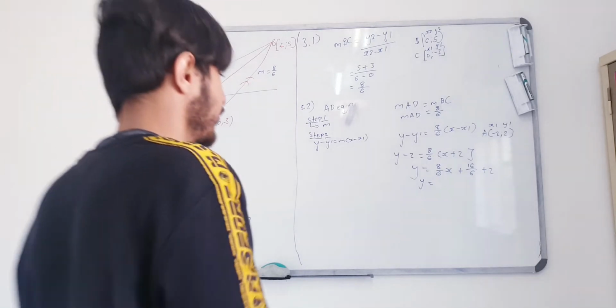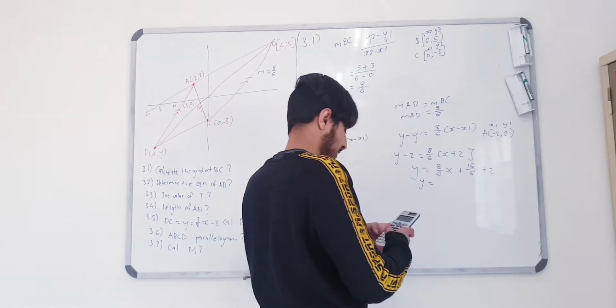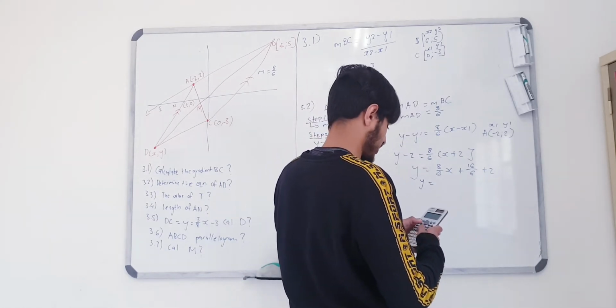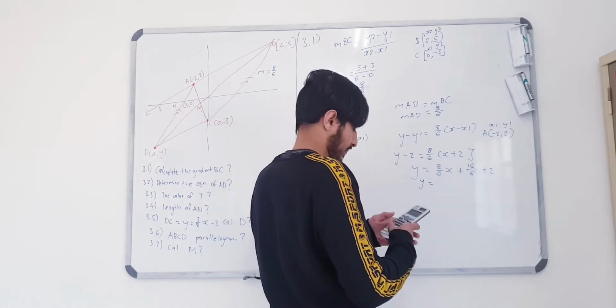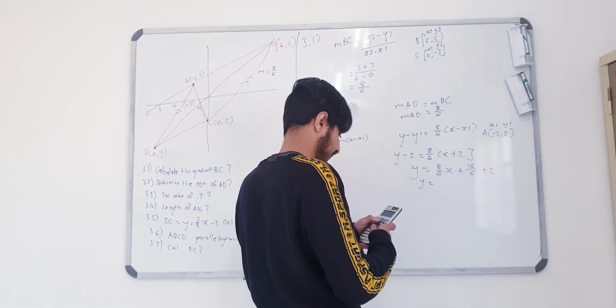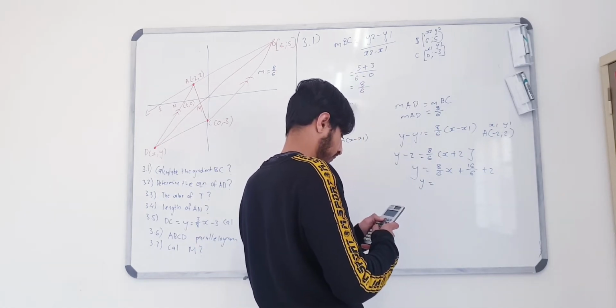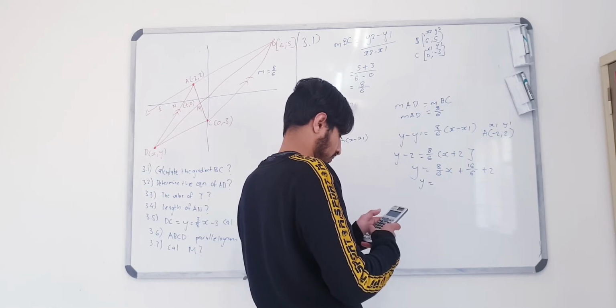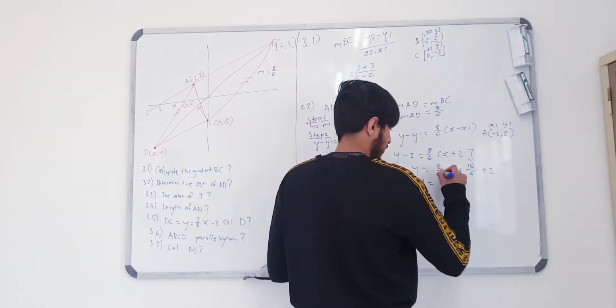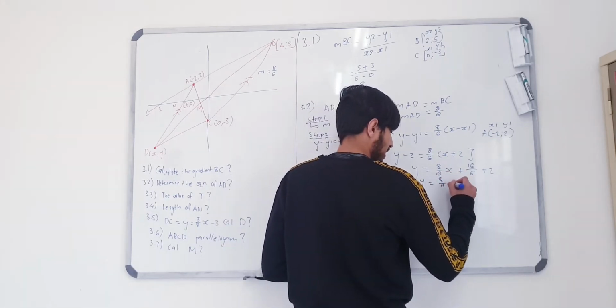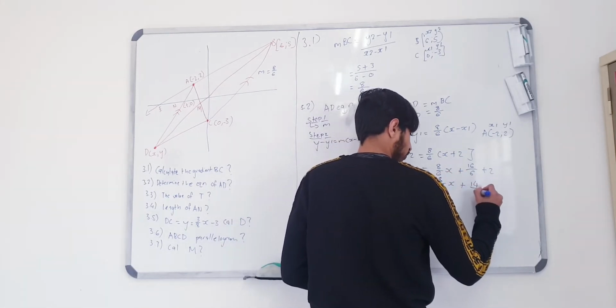Right, so if we add this up, we have 16 over 6 plus 2, so we're going to get 14 over 3, so it's going to be 8 over 6 x plus 14 over 3.